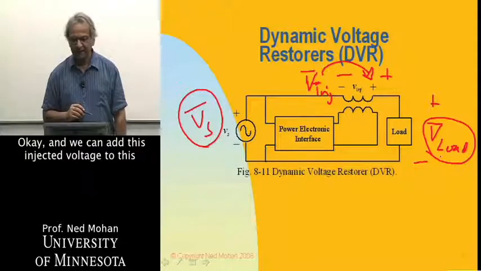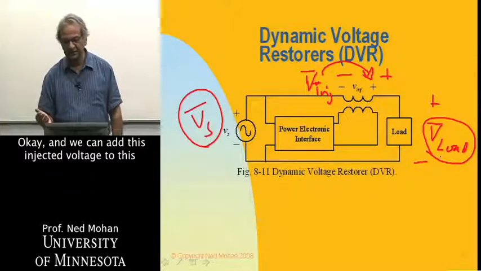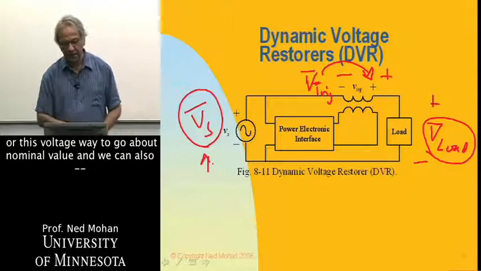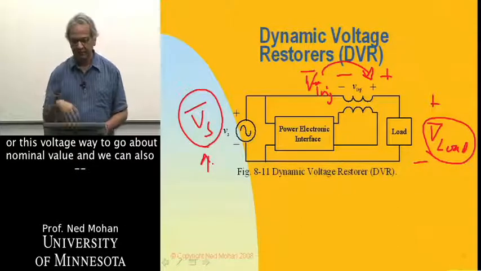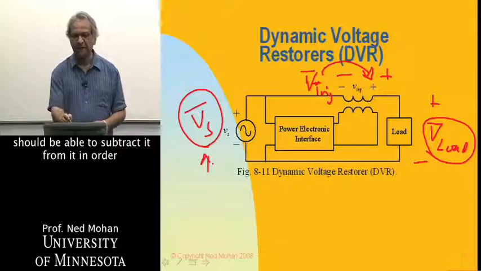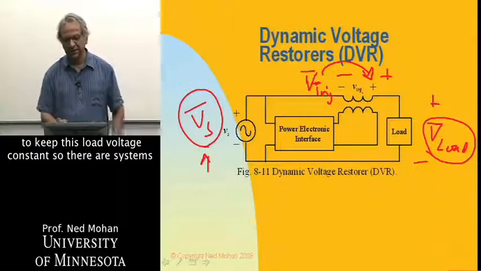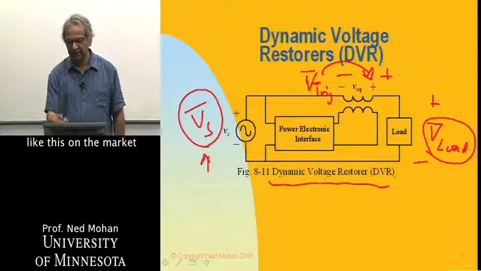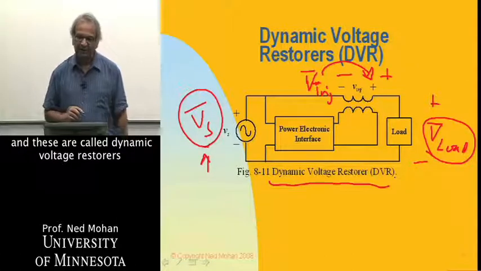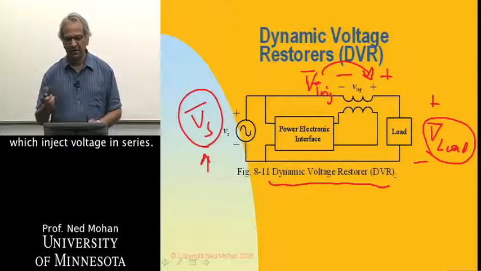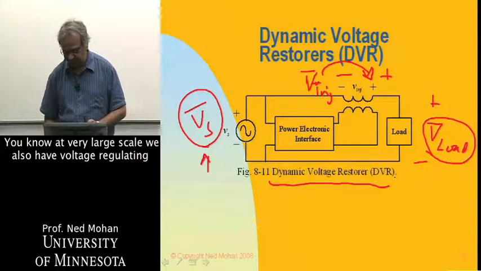Okay, and we can add this injected voltage to this, or if this voltage were to go above nominal value, then we should also be able to subtract it from it in order to keep this load voltage constant. So there are systems like this on the market, and these are called dynamic voltage restorers, which inject voltage in series.